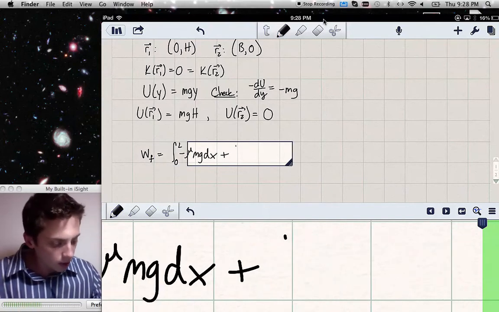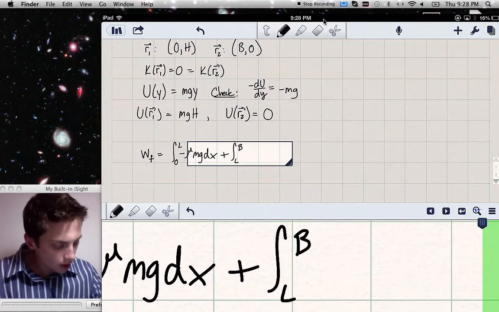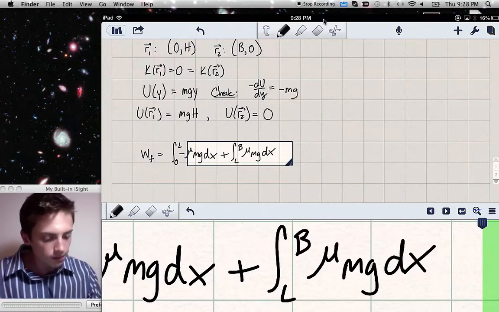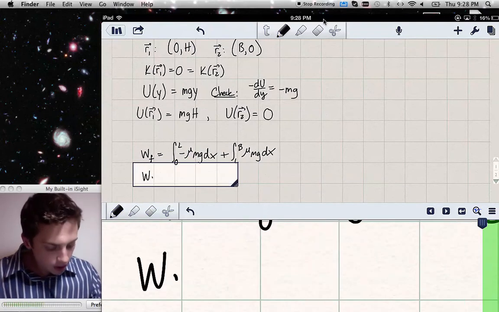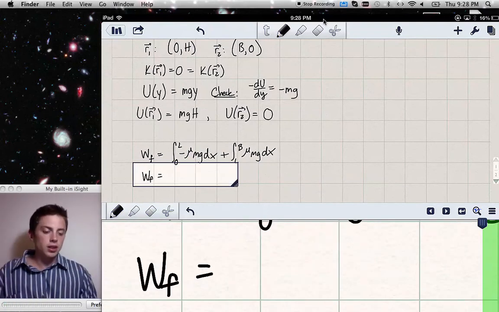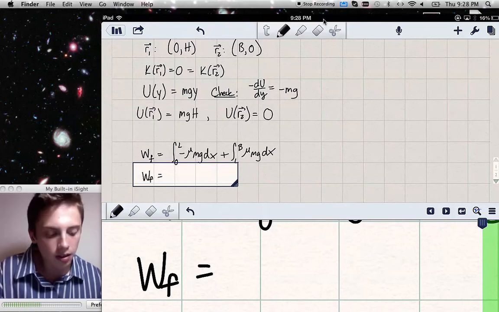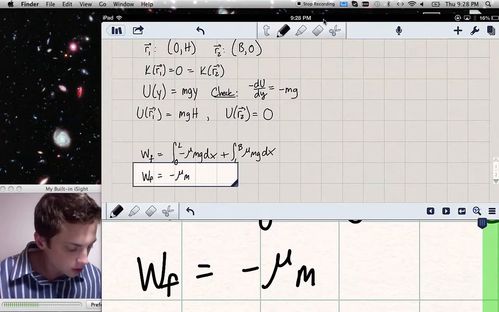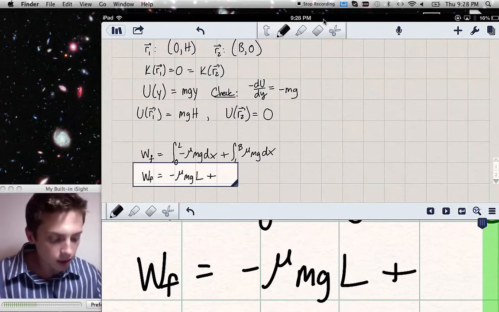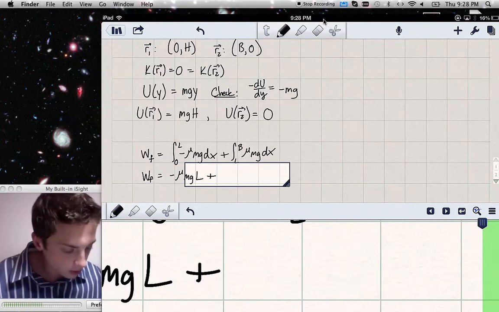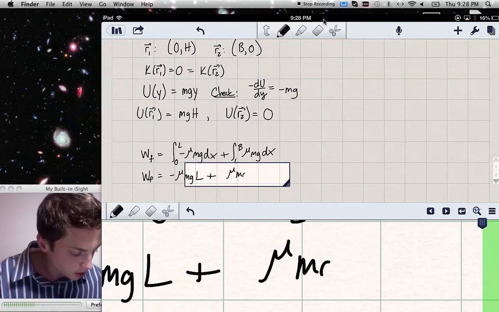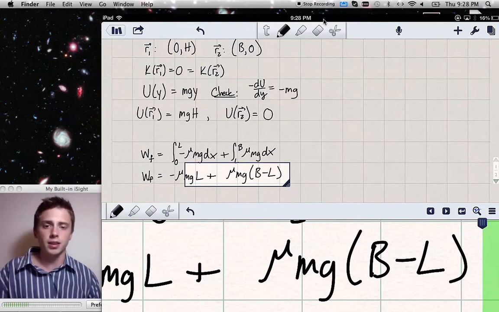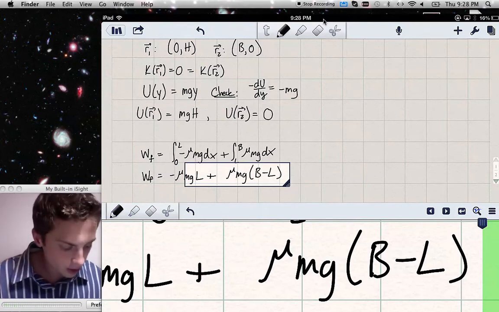Then from L to B, the friction force is to the right, so we write a positive mu mg. These integrals are easy because we're integrating a constant with respect to x, so we just get minus mu mg L minus 0, so minus mu mg L, and then plus mu mg (B minus L). Verify that that is indeed the integral here.